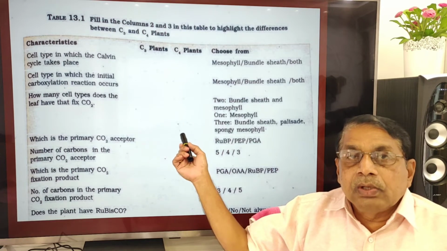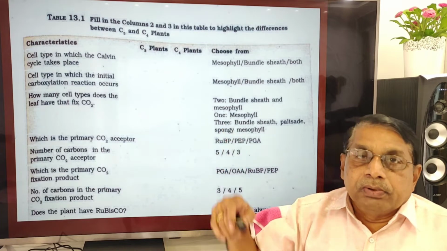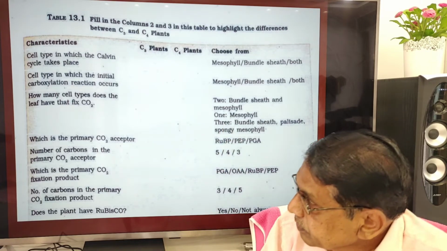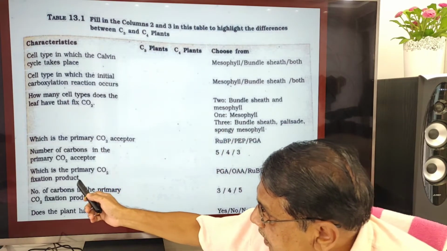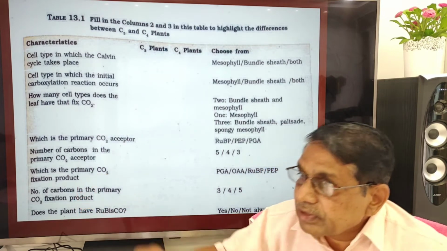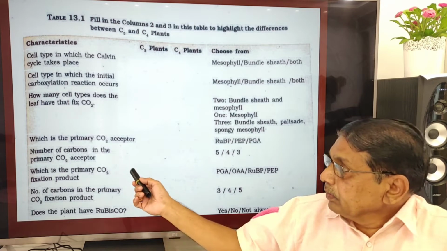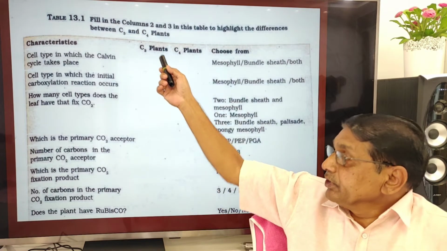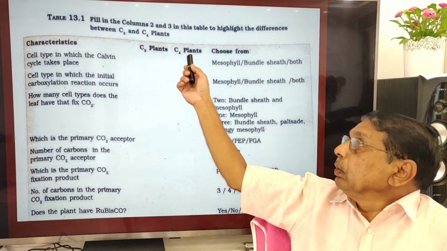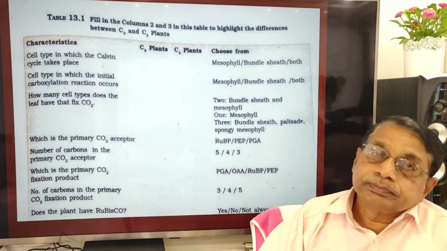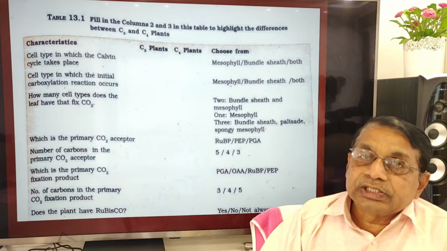Here PEP is a 3 carbon compound. Which is the primary carbon dioxide fixation product? Here phosphoglycerate, here OAA, oxaloacetic acid.